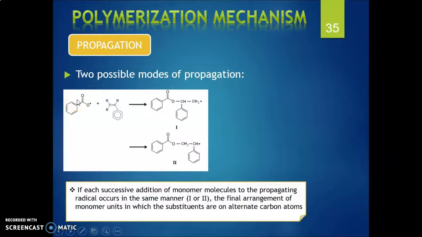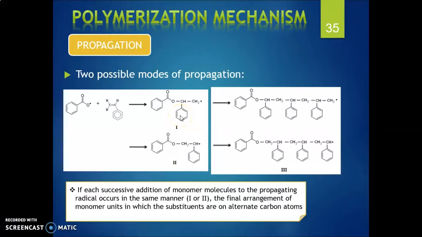Okay, structure yang kita lukis tadi. Okay, ini adalah structure daripada propagation yang kita dapat tadi. Daripada rate of initiation by association, kita dapat structure yang ini.